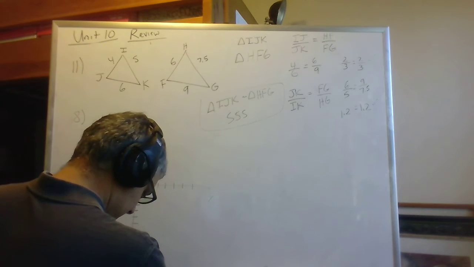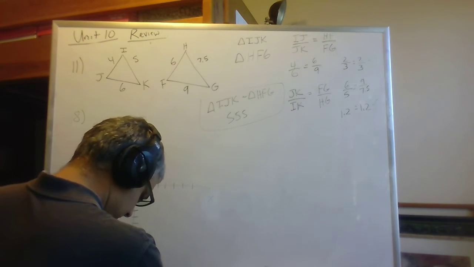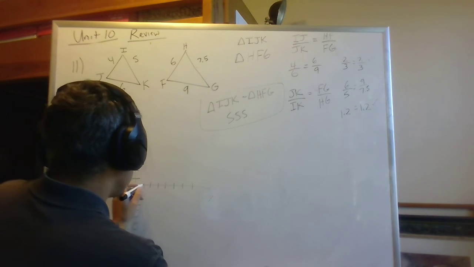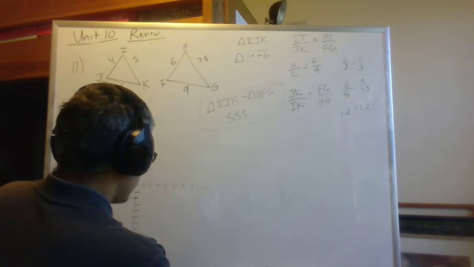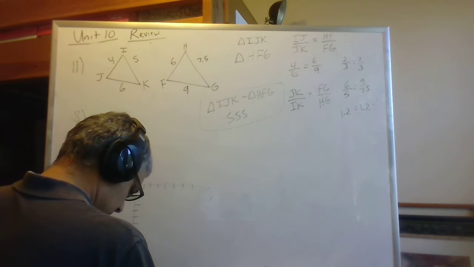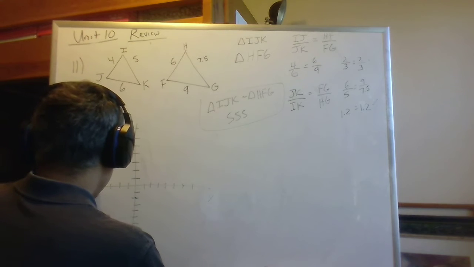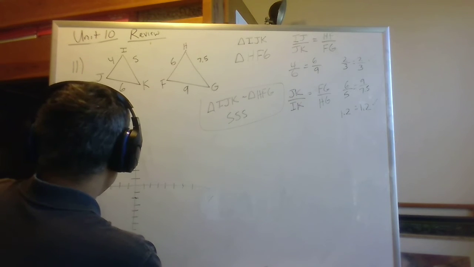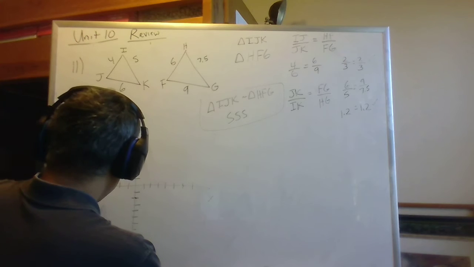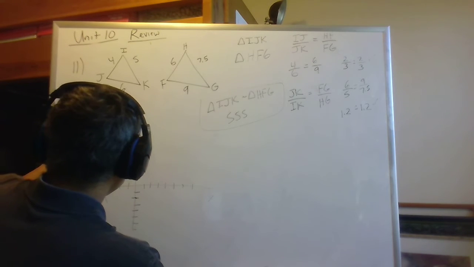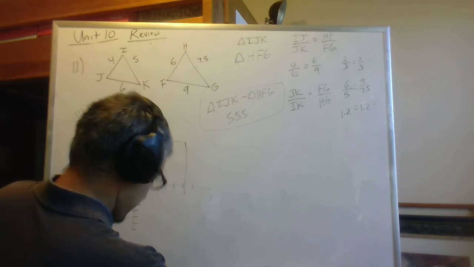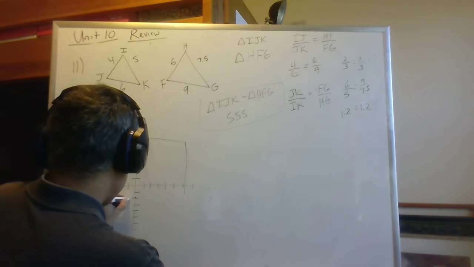So A, it looks like it goes through -2 to 6. And then it looks like it goes through -4 and then 6. And it looks like it does something like this. And like that.